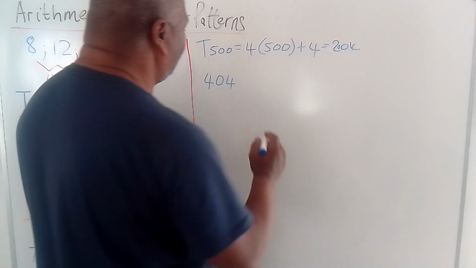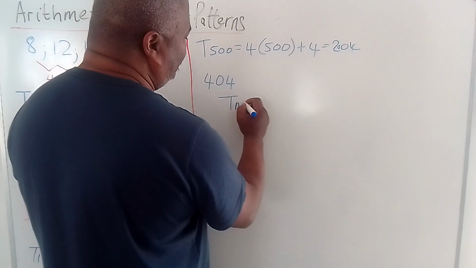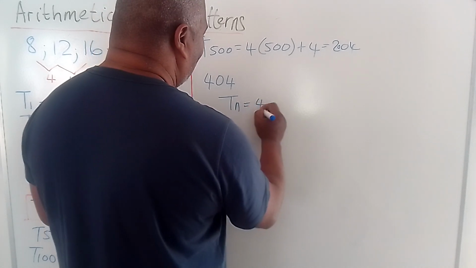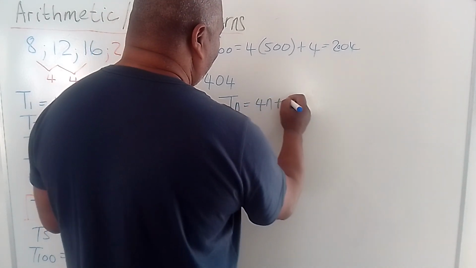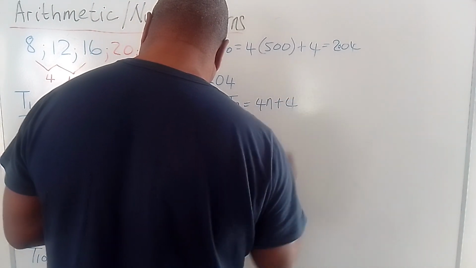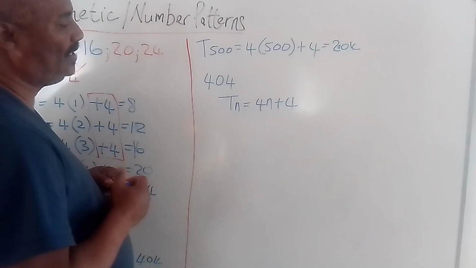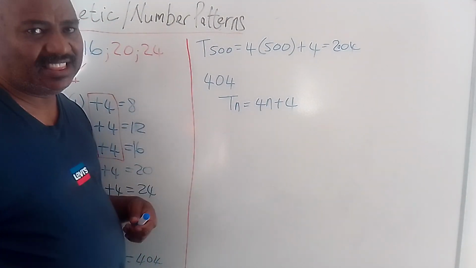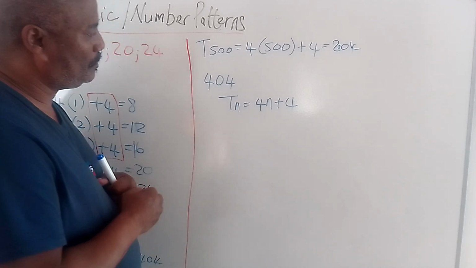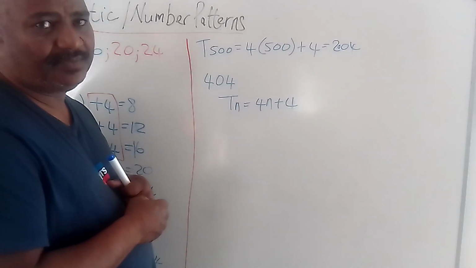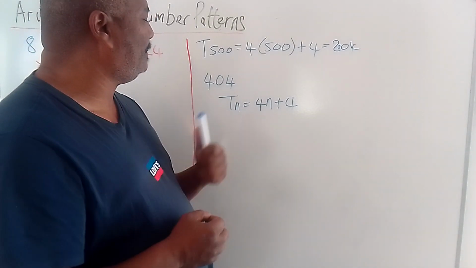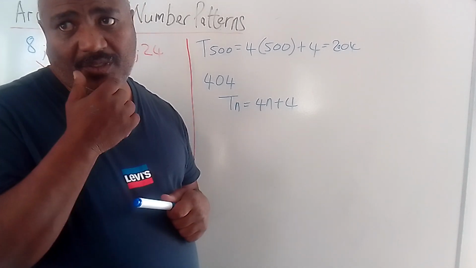So from the general term, I'm writing it down, 4n plus 4. Now we want the nth term. The question is which term is 404.